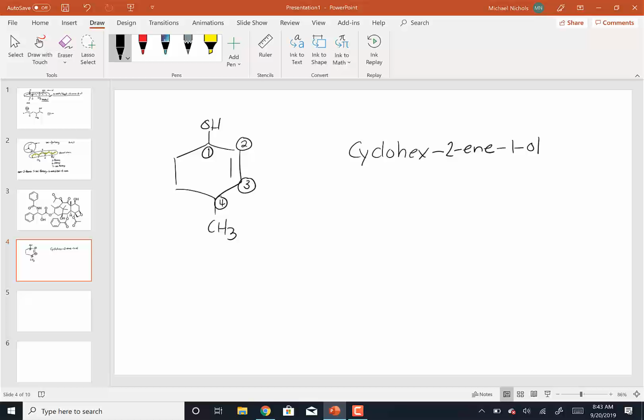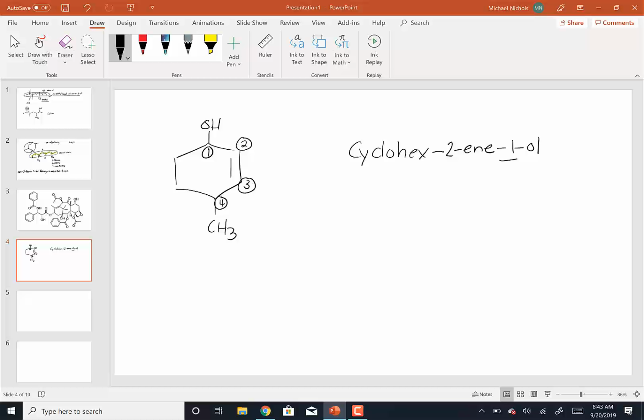The 1 is optional, because when you have a cyclohexene-ol, it's understood that the OL group automatically has to be number 1, so you may not see the 1-ol because they assume it's automatically number 1. You can put it in. I'll put it in just to avoid the confusion for the moment, but it may not be there.